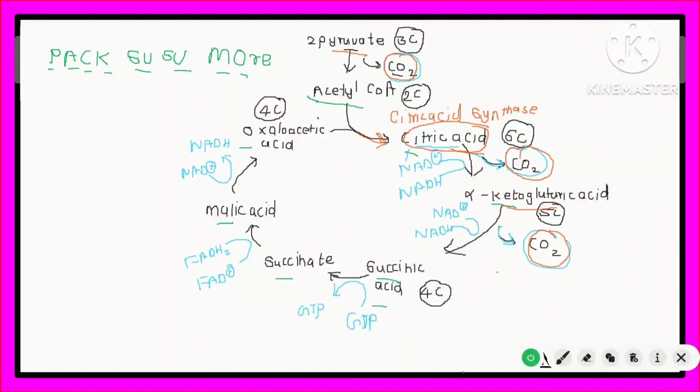Also there is a three carbon compound initiating this reaction, so it is called the tricarboxylic acid cycle, and the process was described by a scientist named Krebs. That's why it is called the Krebs cycle. These are the most important things to remember, and you will not be able to forget them after remembering this simple mnemonic.